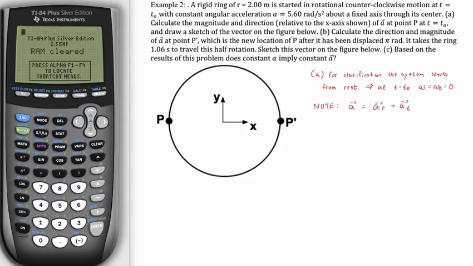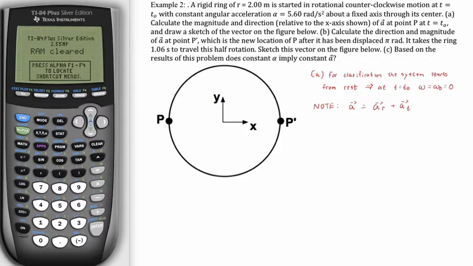We've been talking about translational acceleration in previous chapters up until this first chapter on rotation, and we maybe didn't think about it having these two components, but these are the two components that are specific to rotational motion.